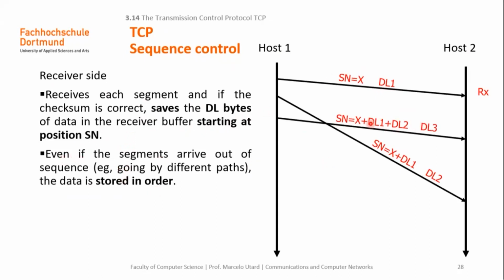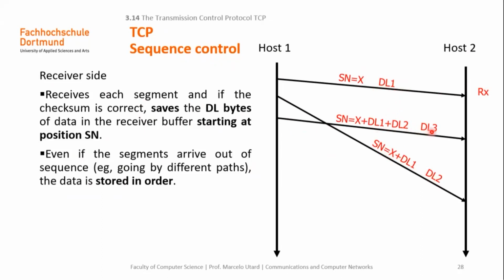Because even if the third segment is received before the second segment, in the memory of the receiver buffer we place the second segment first, the third segment at the end, and in the middle we will store those bytes between the bytes received in this segment and the bytes received in this other segment.